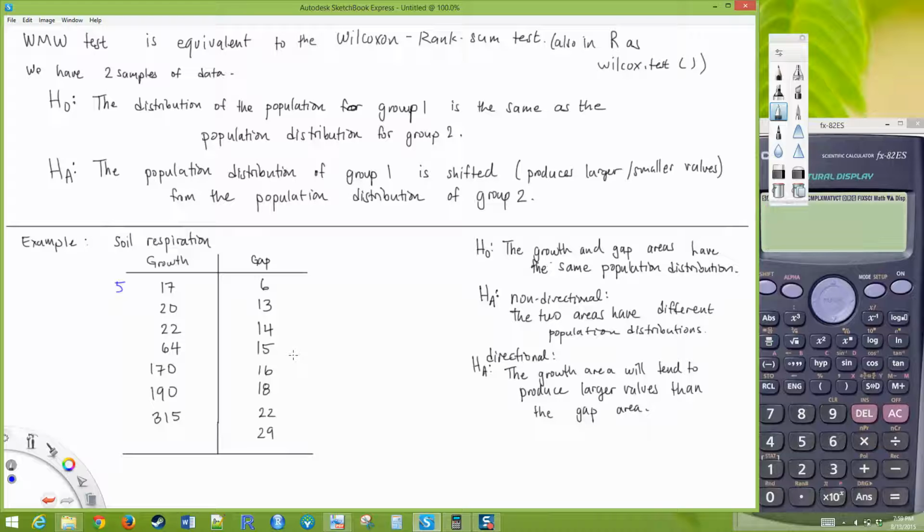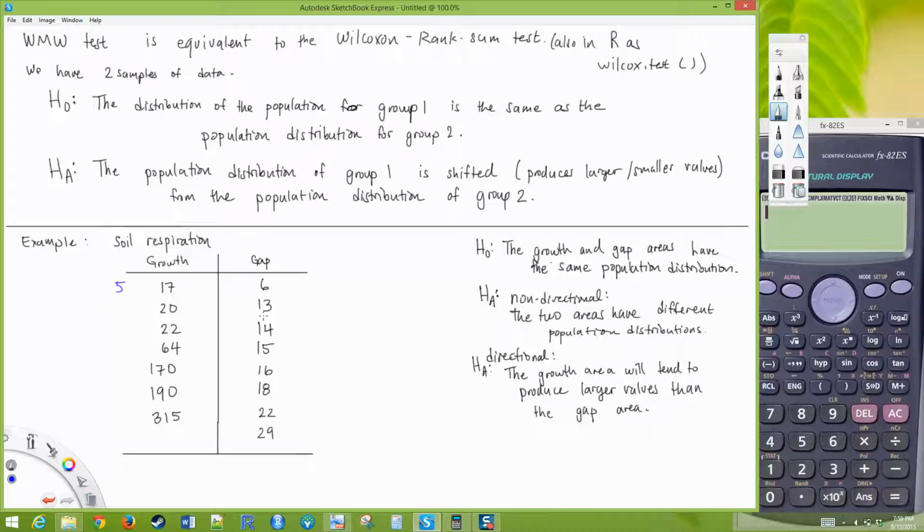So under the null hypothesis, we would expect similar counts on both sides for both samples. And when we go through this list, we'll see that's not the case.